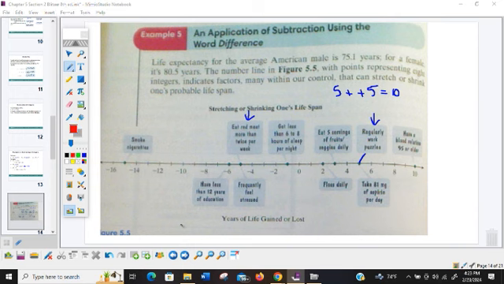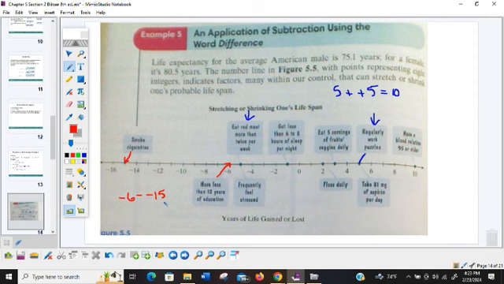Let's look at the next one. The next question says, what is the difference in the lifespan between a person with less than 12 years of education? Let's find that. Okay, that's here. Okay, less than 12 years of education, and a person who smokes cigarettes. Okay, that's here. All right, so I'm going to do -6, okay, and then minus -15.